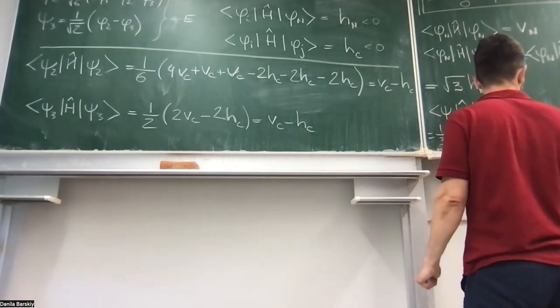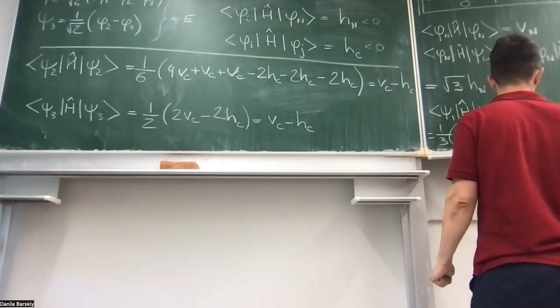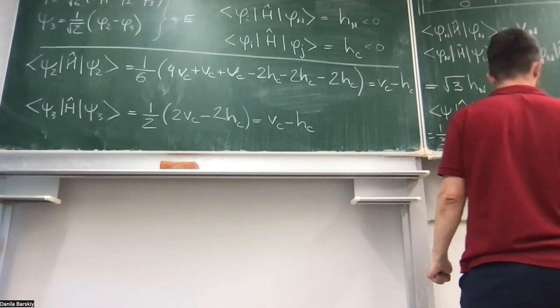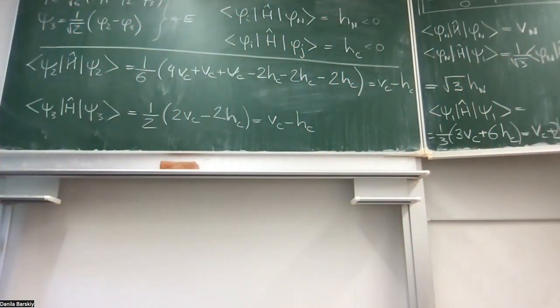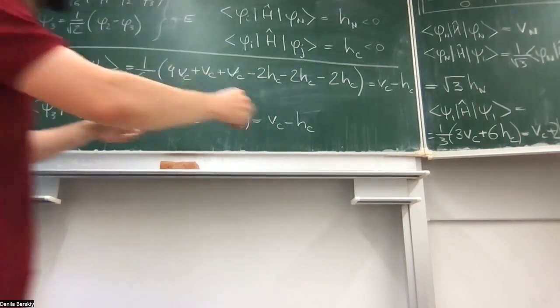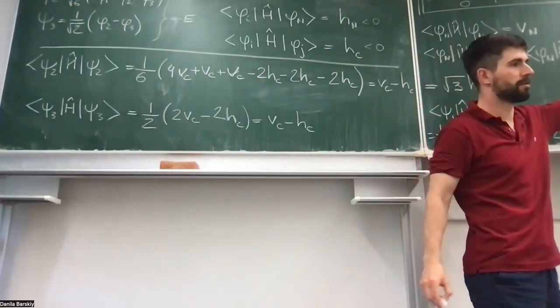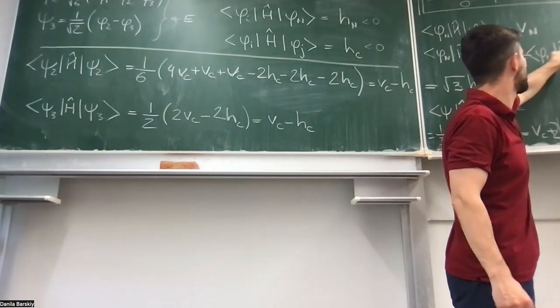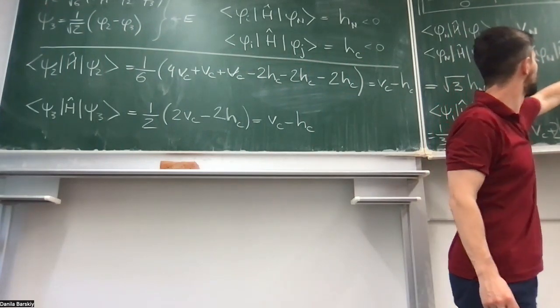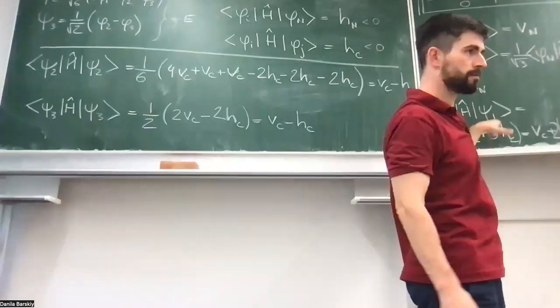So really VC plus HC plus 2 HC. Clear, right? You just do the same thing. I was skipping this step in red and did this in my head. So we have to take this, repeat it for this.